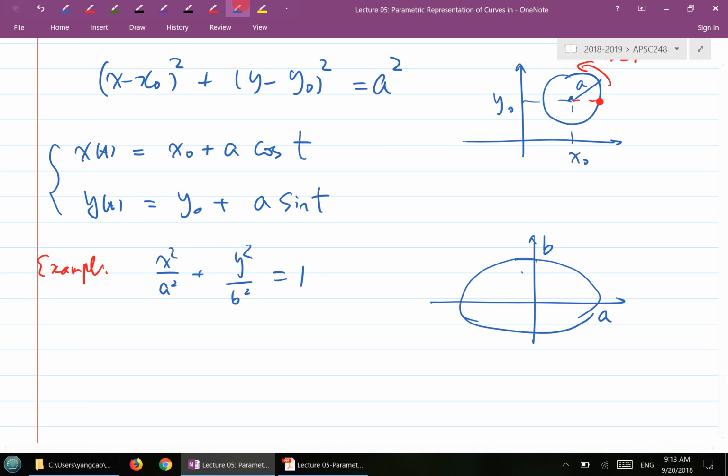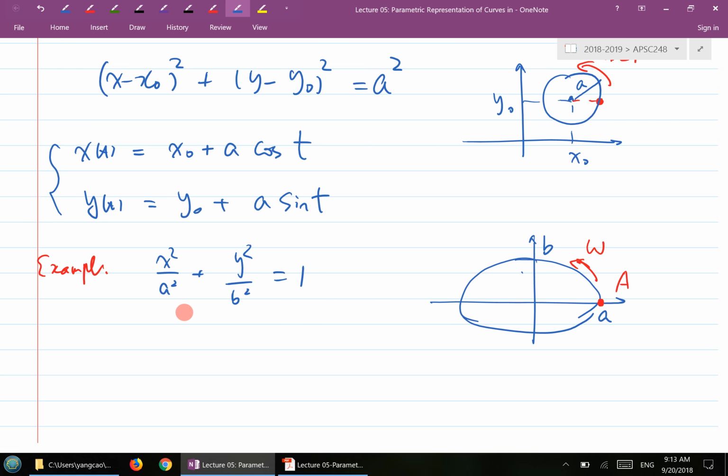So you could have a completely similar situation. Maybe I have a point P starting at this location A, and then moving at a certain angular speed omega. That's a very similar description.